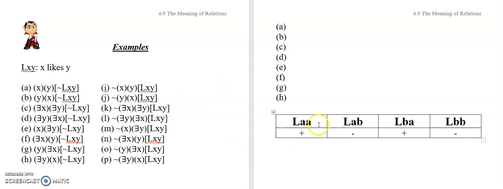To help us out, I've introduced a two-object domain here. There are two objects, A and B, and L. A bears L to itself, so if L is the liking relation, then A likes itself. A does not like B. It's not the case that A likes B. And B does like A, but it's not the case that B likes him or herself.